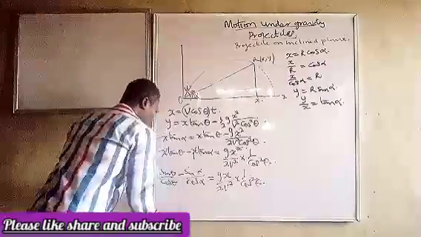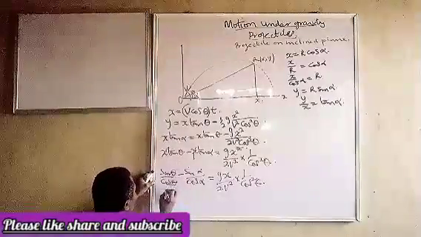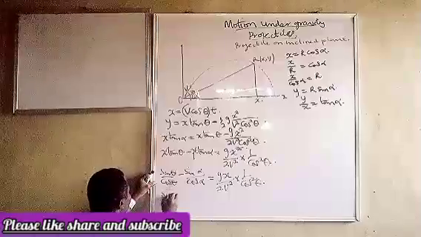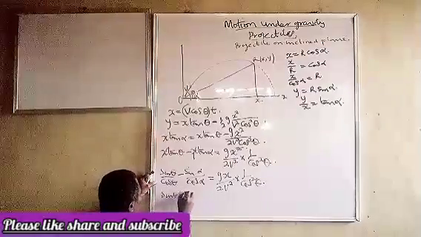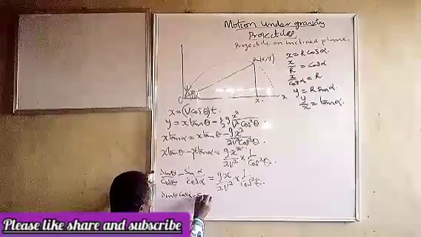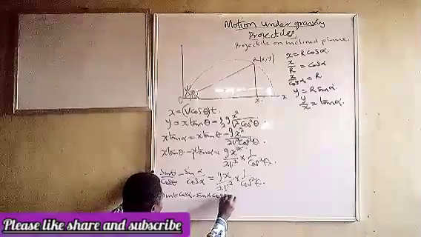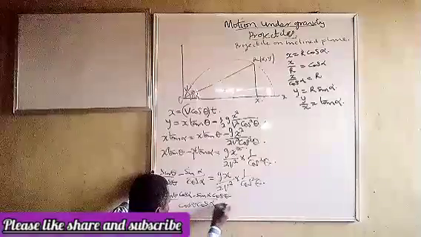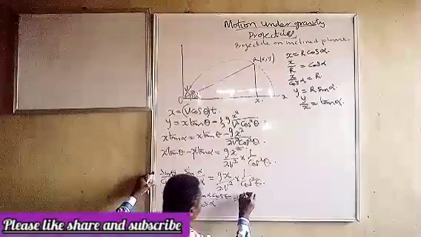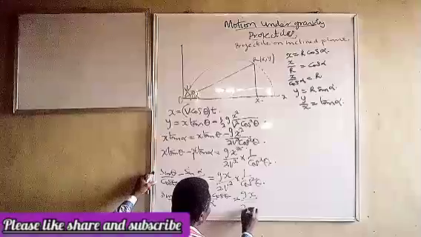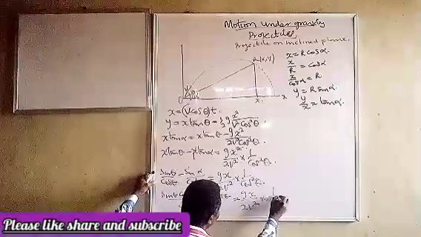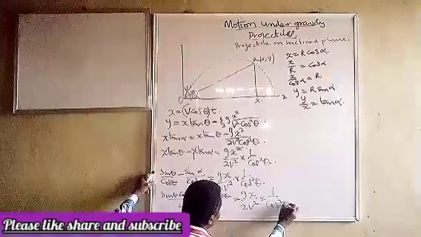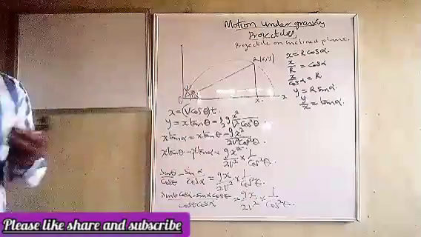Now let's multiply. It's going to be sin theta cos alpha minus sin alpha cos theta over cos theta cos alpha, which equals gx over 2v squared times 1 over cos squared theta times 1 over cos squared theta.